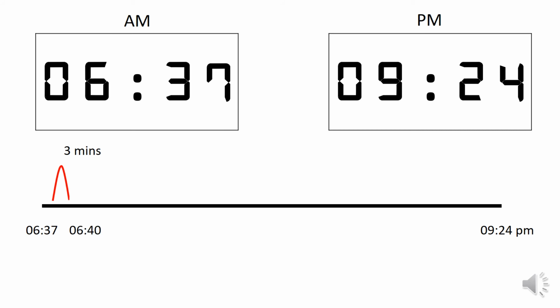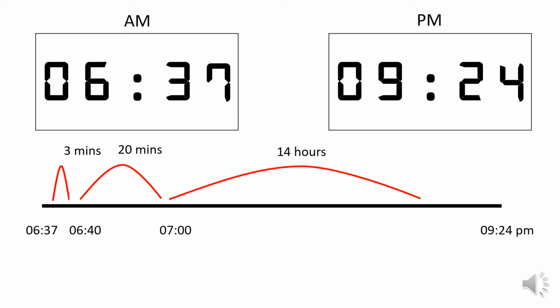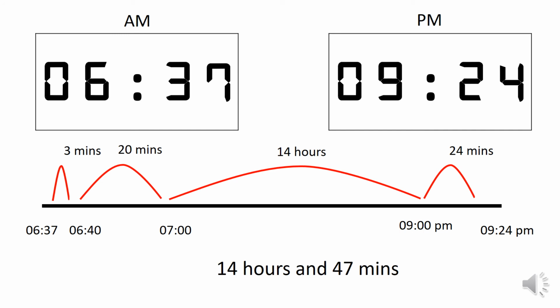That gets me to the nearest whole number of 6:40. And then I'm going to add on 20 minutes. That then gets me to the nearest hour, which is 7 o'clock. And I'm going to do a big jump of 14 hours, and this gets me to 9 o'clock. And then I'll add on the 24 minutes afterwards. Adding those all up together, I get 14 hours and 47 minutes.